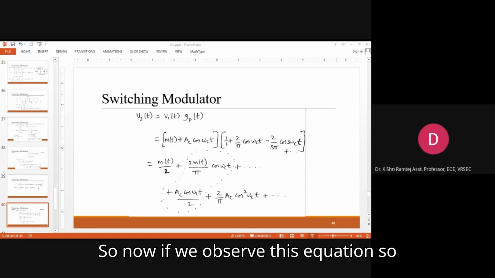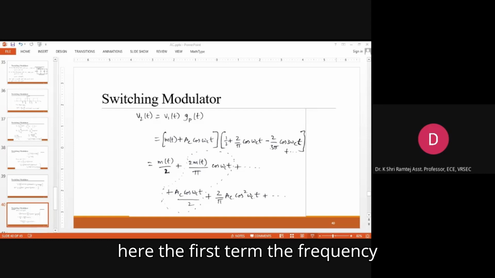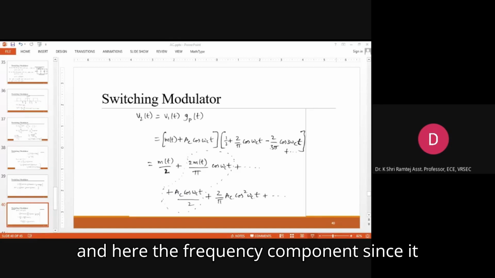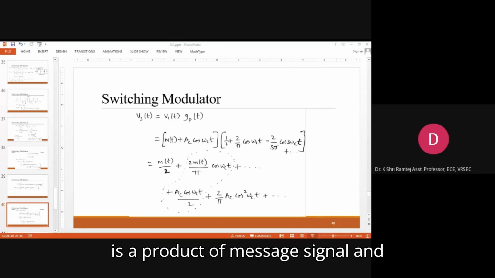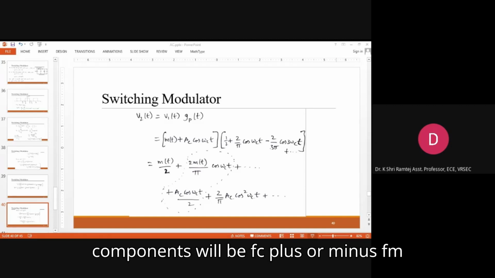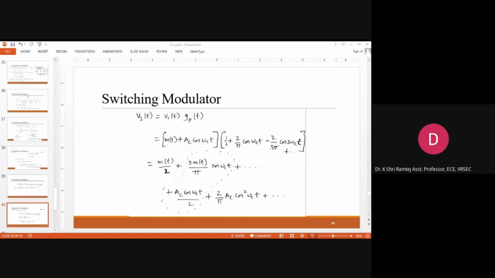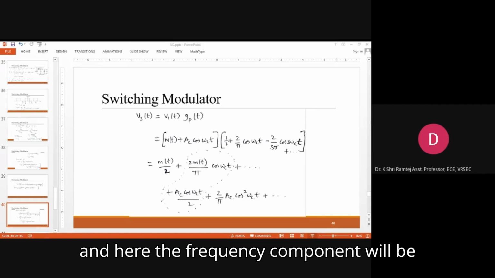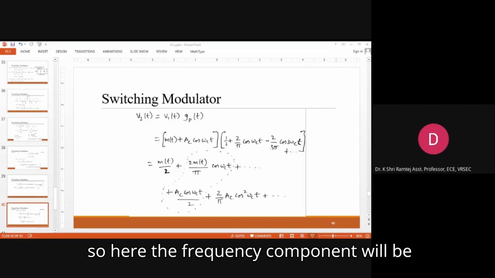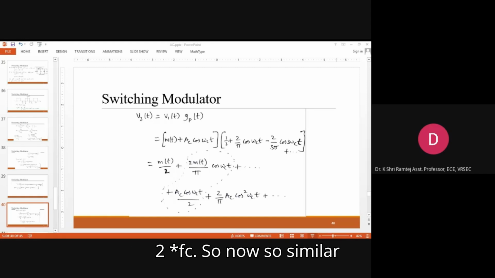Now if we observe this equation, the first term has frequency component Fm. Since the next is the product of message signal and carrier signal, the frequency components will be Fc plus or minus Fm. Here the frequency component will be Fc. And since it is cos square omega ct, the frequency component will be 2 into Fc.